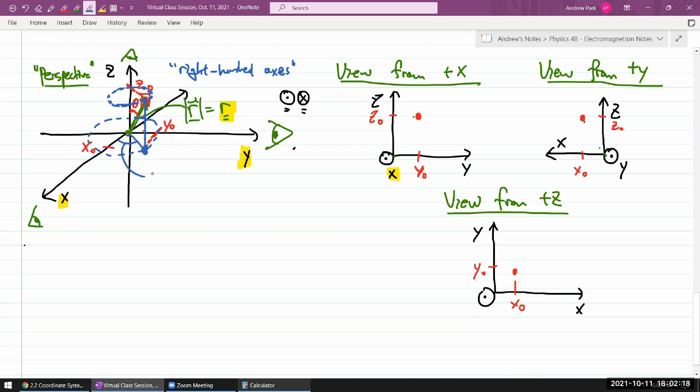This angle, which is called the azimuthal angle, we give it the letter phi. This is the azimuth. I think that's the correct term for it. This is the azimuth for that point. And I can represent this angle here in the xy plane. So I have this projection of the point onto the xy plane, projection meaning I just ignore the z-axis. And the azimuthal angle there would be this angle phi.